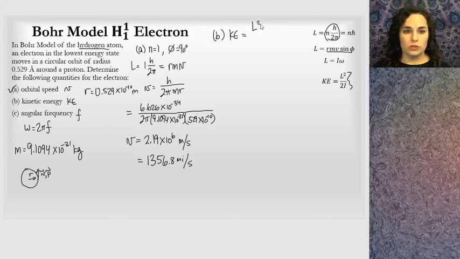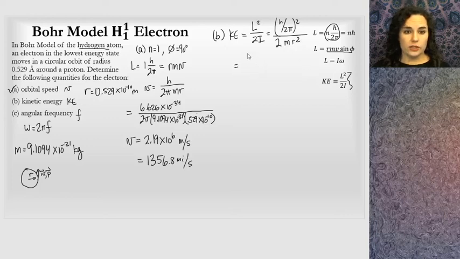So I can use this equation, L squared over 2I. Well, I know L. Same equation I used for the first part, h over 2 pi. I, for a point mass, is m r squared. So I can plug these things in. I get h over 2 pi, quantity squared, over 2 m r squared.